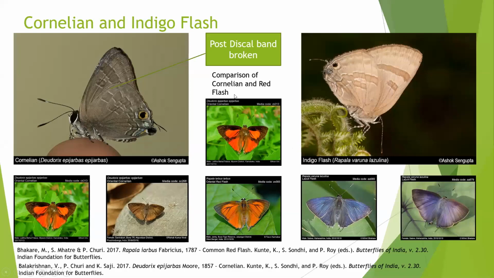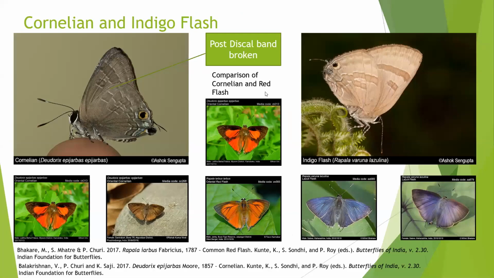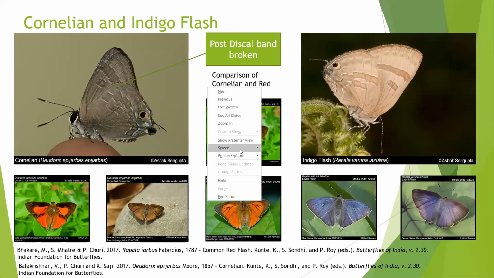Yes, sir. Okay. You see that the cell of a Cornelian is brown, dark brown. Can you see this? If I start annotating, then it will be easy for you to understand. Let me try to show you the pointer options.